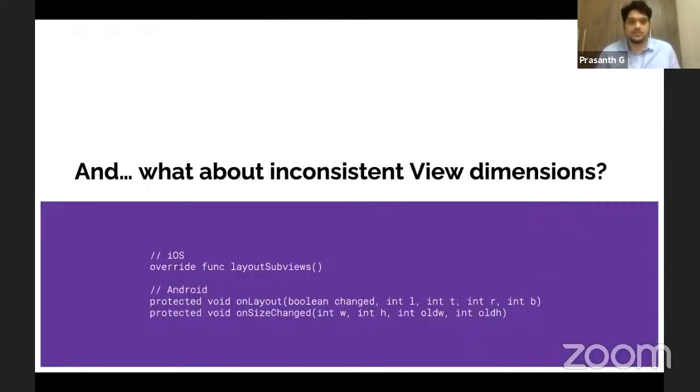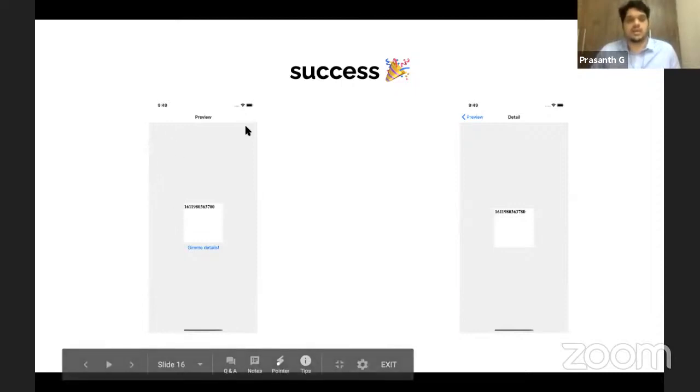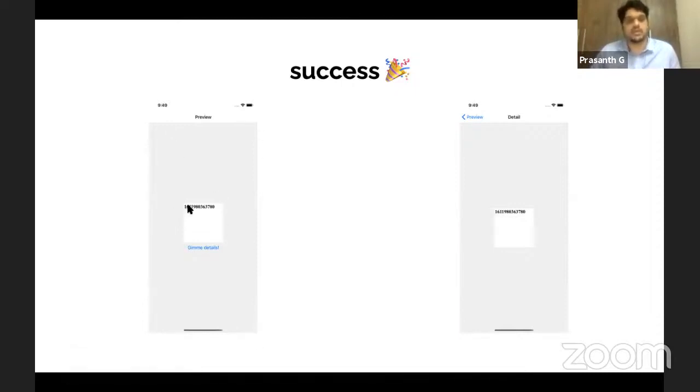The inconsistent view dimensions was a quirk in the implementation. Whenever the restitution happens, the view in the destination takes up the dimensions as if it were in the origin screen. Whenever React is done rendering the node tree, it computes the dimensions of this web view in the previous screen and marks that this view has these dimensions.